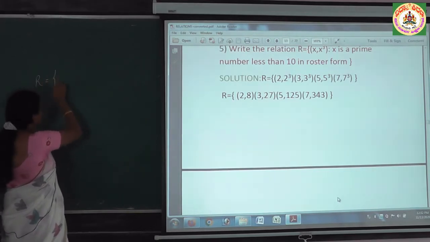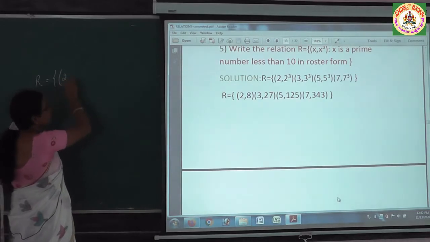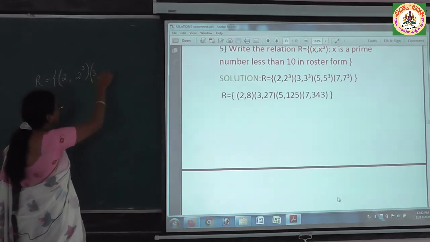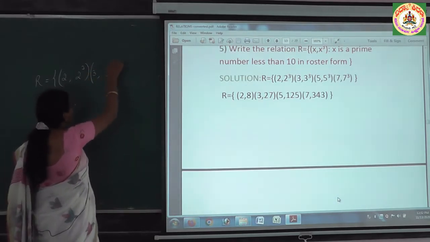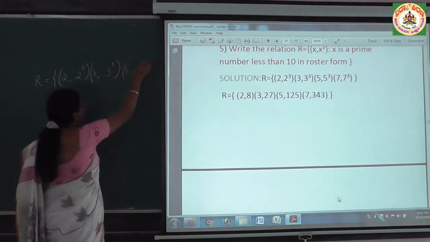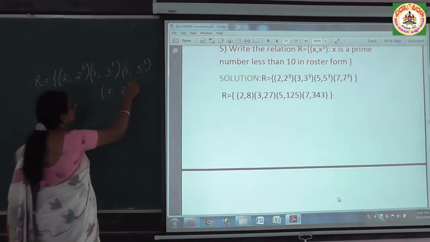R is equal to the relation: I shall take the prime number 2, next 2 cube, because it is x cube; 3 is a prime number, 3 cube; 5 cube; 7 cube.